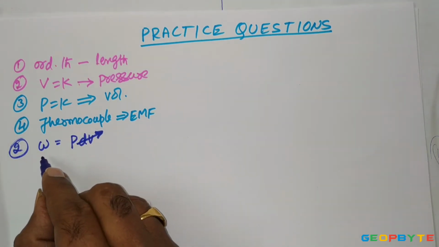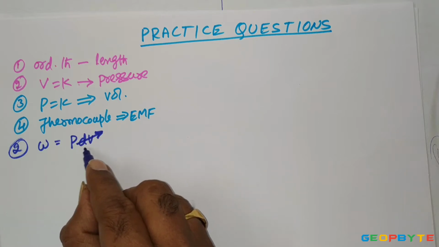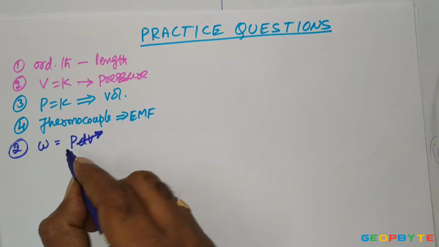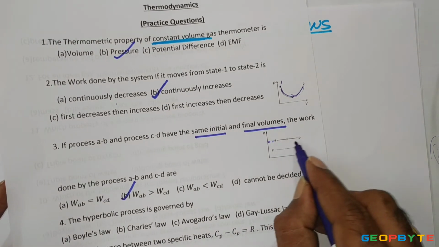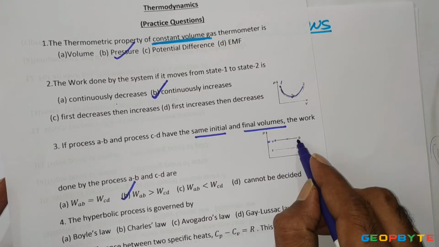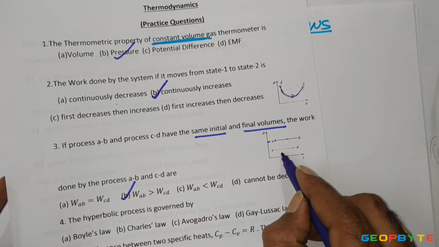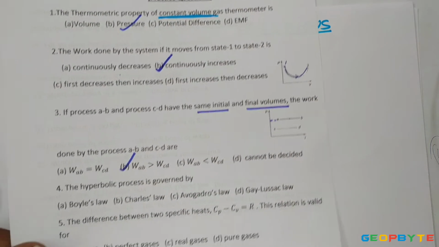The reason is work interaction for a closed system equals PdV. If initial volume and final volumes are identical, then P is the deciding factor. Since the pressure maintained by the process AB is more, that's why work interaction for AB is greater than that of the CD. Option B is correct.